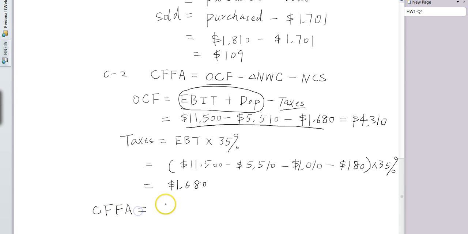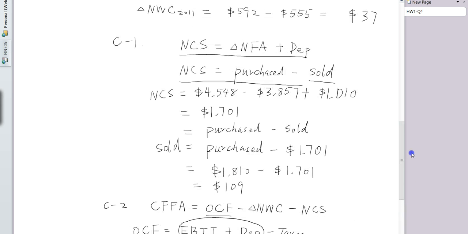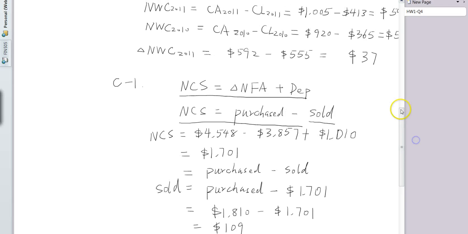So now I can just plug in all these three numbers necessary to calculate cash flow from assets or free cash flow. Alright, so operating cash flow, we just did the calculation, 4,310 minus the change in net working capital. We just did the change right here. It's 37.